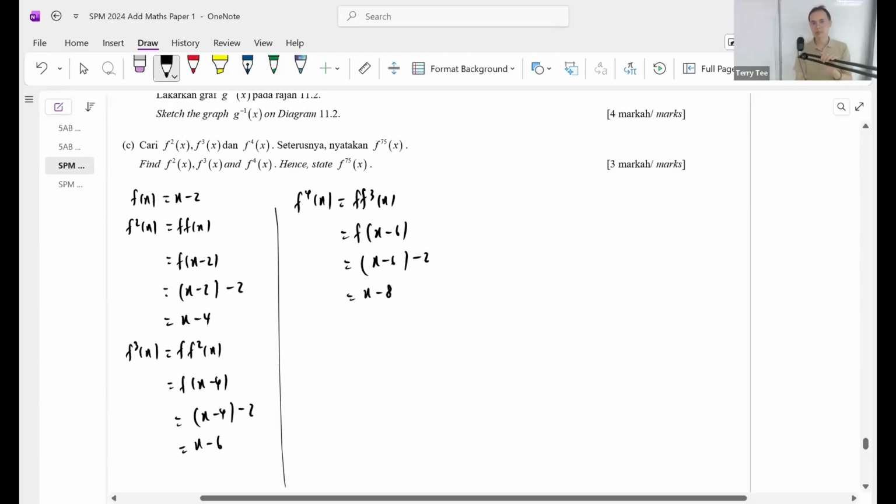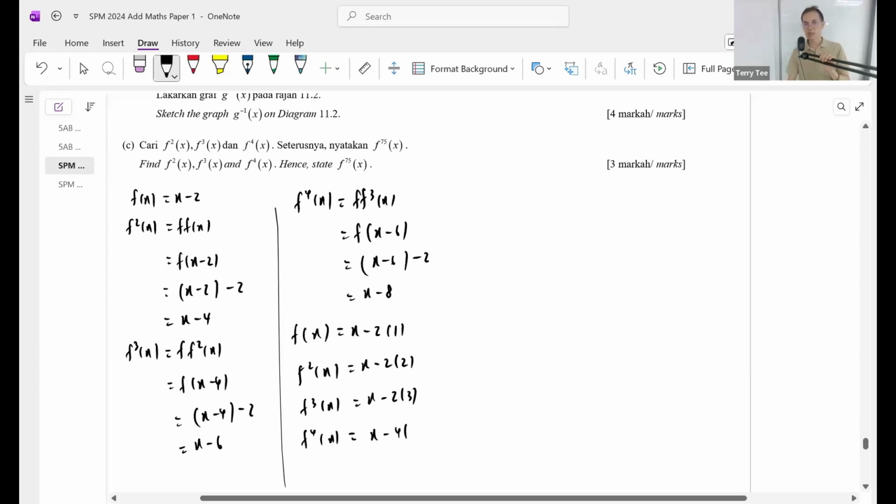So there is a pattern here you can see, right? That is, your f(x) is x minus 2. Your f^2(x) is x minus 4. 4 is 2 times 2. Maybe I can put 2 times 1 here. Your f^3(x) is x minus 2 times 3, right? This is like your mod maths, right? Mathematical, logical reasoning. We call it what?